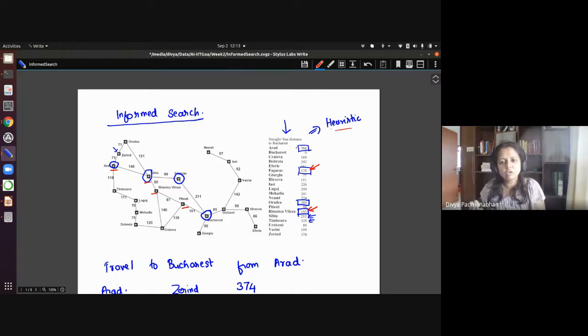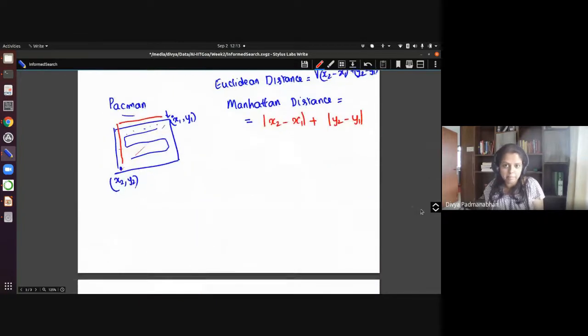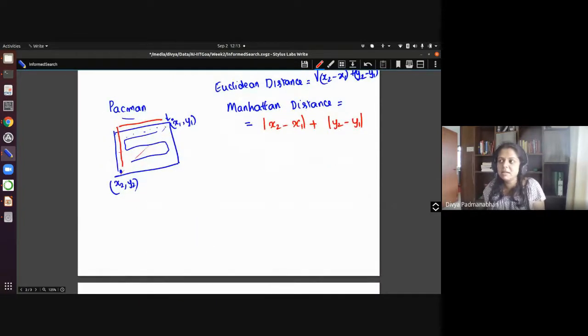So you will see that this is a reasonable heuristic for this application, but maybe the straight line distance is not very good for the Pac-Man example, because in Pac-Man you already know for sure that you cannot travel along the straight line path. So it's a combination of things, like what do you know about the domain and what is logical for the domain. That is something you have to make use of to design good heuristics.